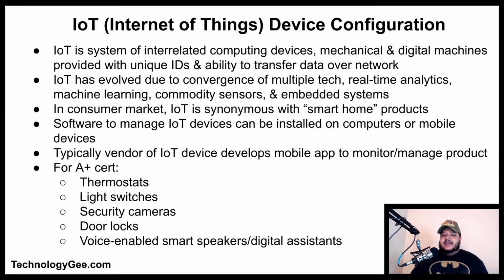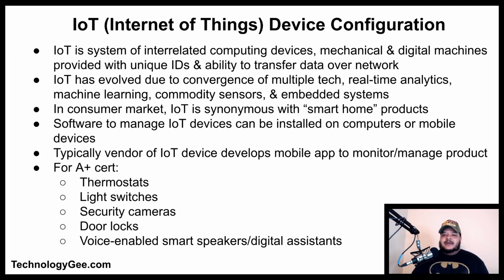The Internet of Things, or IoT, is a system of interrelated computing devices, mechanical and digital machines provided with unique identifiers and the ability to transfer data over a network without requiring human-to-human or human-to-computer interaction. The definition of IoT has evolved due to the convergence of multiple technologies: real-time analytics, machine learning, commodity sensors, and embedded systems.